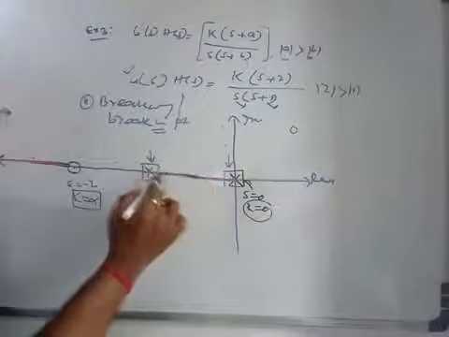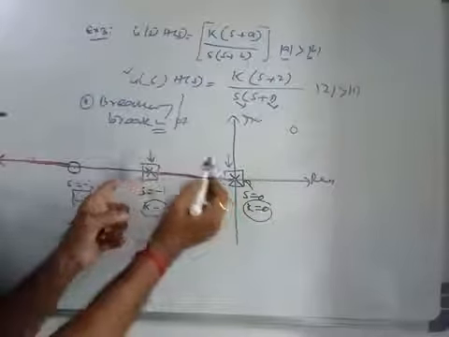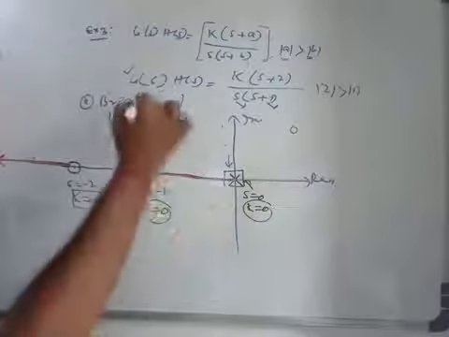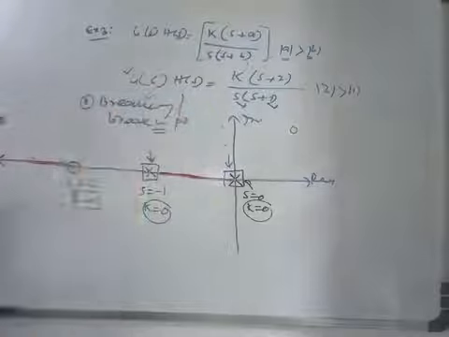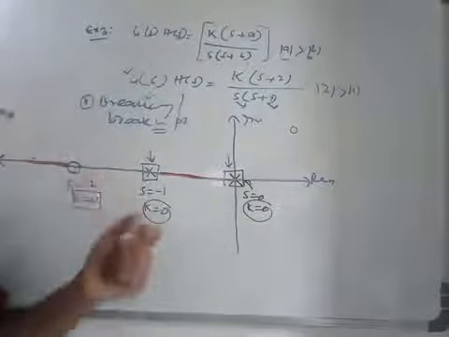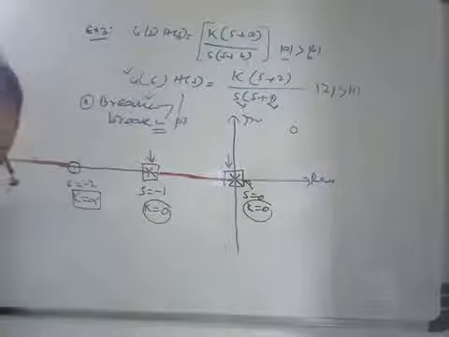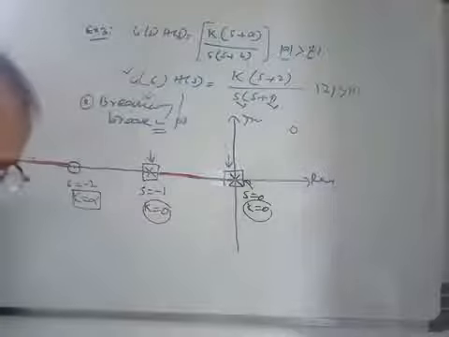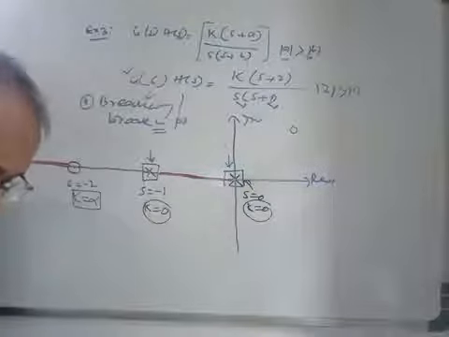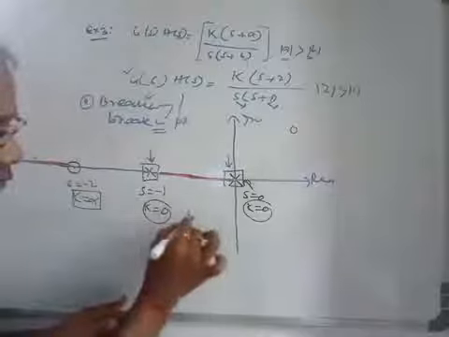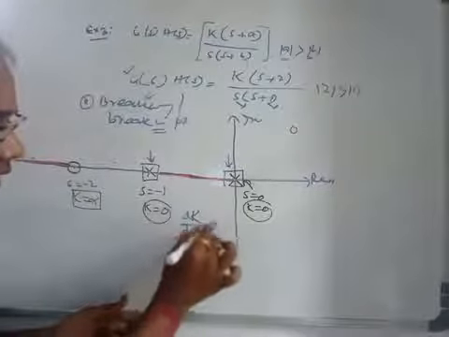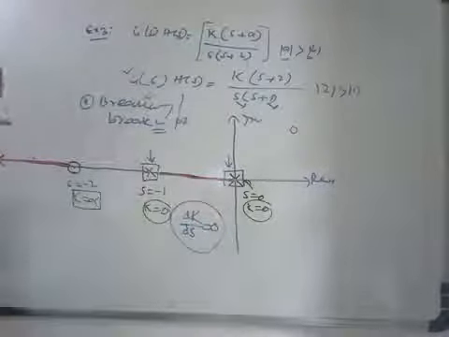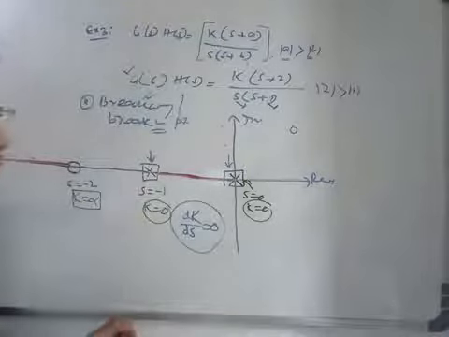So if a branch exists between two poles which are staying side by side, there is definitely a breakaway point. And this breakaway point determination is done with the help of the equation dk/ds equal to 0, as you know. So we have to get dk/ds equal to 0. The solution of dk/ds equal to 0 will give you the breakaway point.